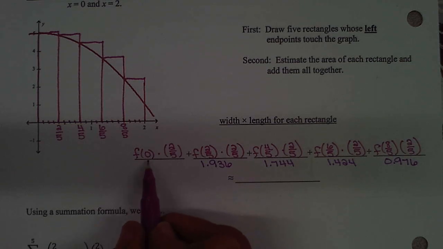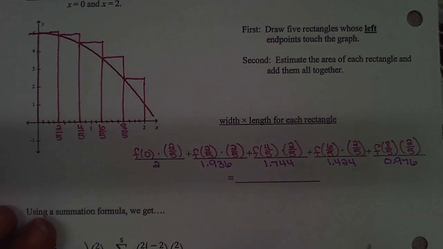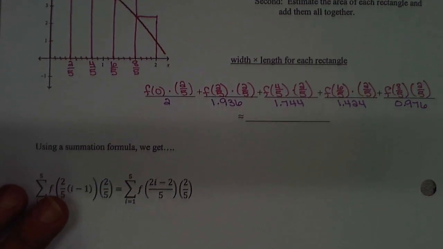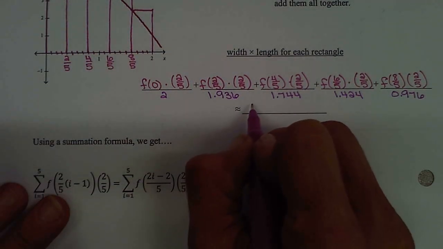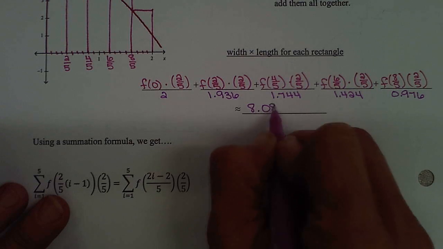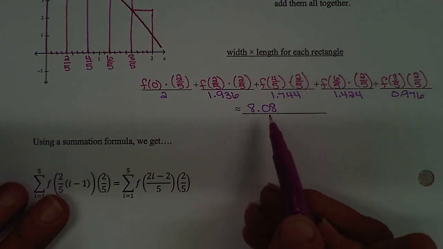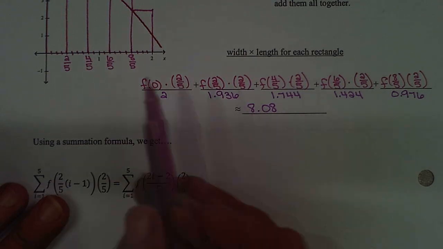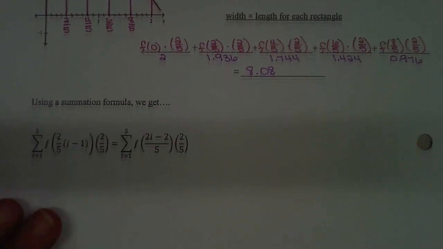If we plug in a 0 and then multiply by 2/5, we end up with 2. So if we add all of these rectangle areas together, we come up with roughly 8.08, which is higher than the 6.48 we got on the other, which we expected because we've got extra space on the outsides of this curve, creating extra area that we actually don't need.